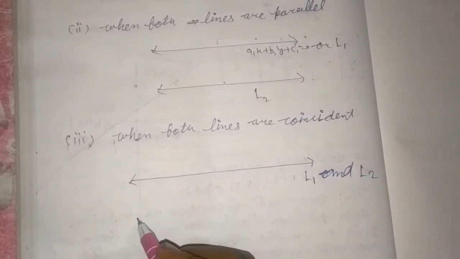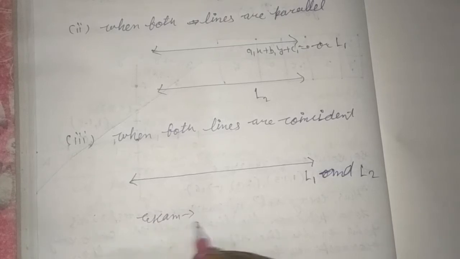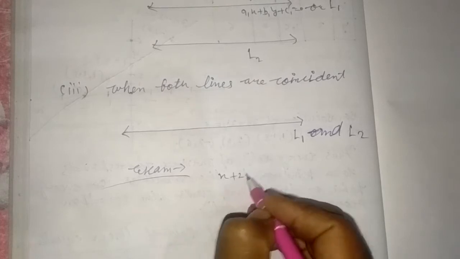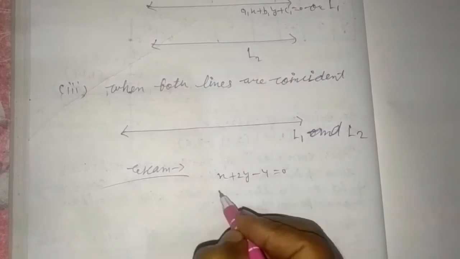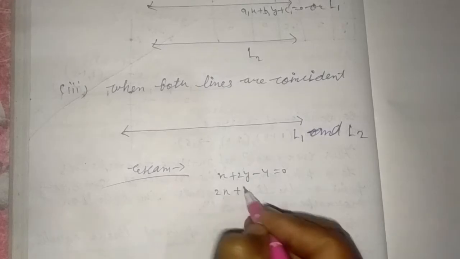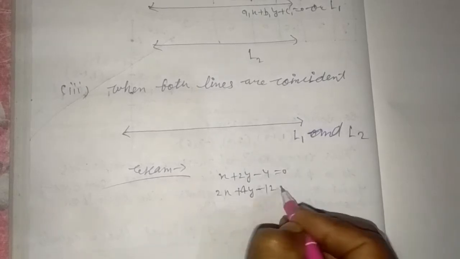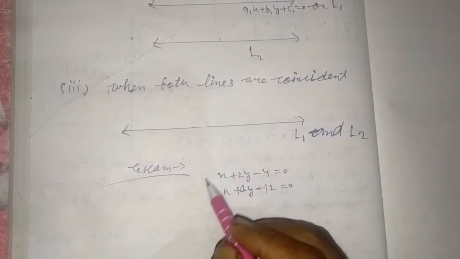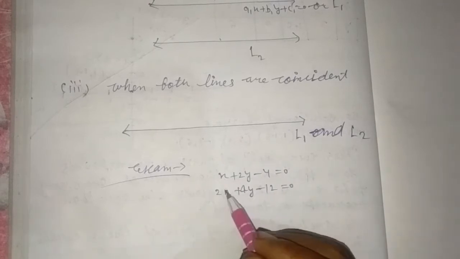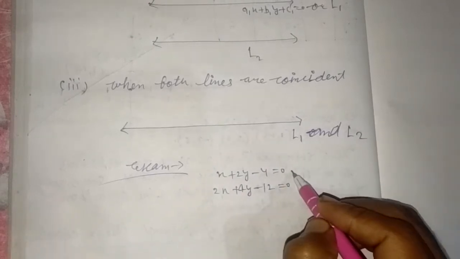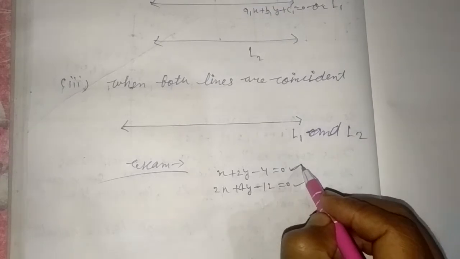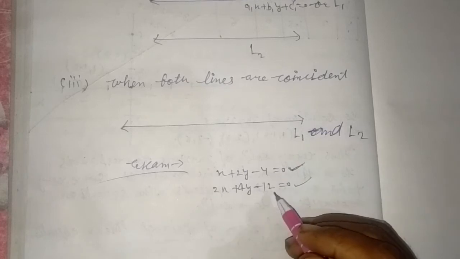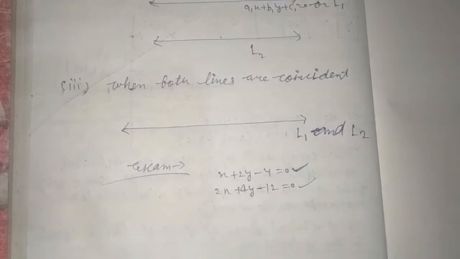One example, the pair of linear equations will be x plus 2y minus 4 equal to 0, and again you can write 4y minus 12 equal to 0. Okay, whenever you get this type of pair of linear equations in two variables x and y, then you can say the geometrical representation of these two lines will be coincident.